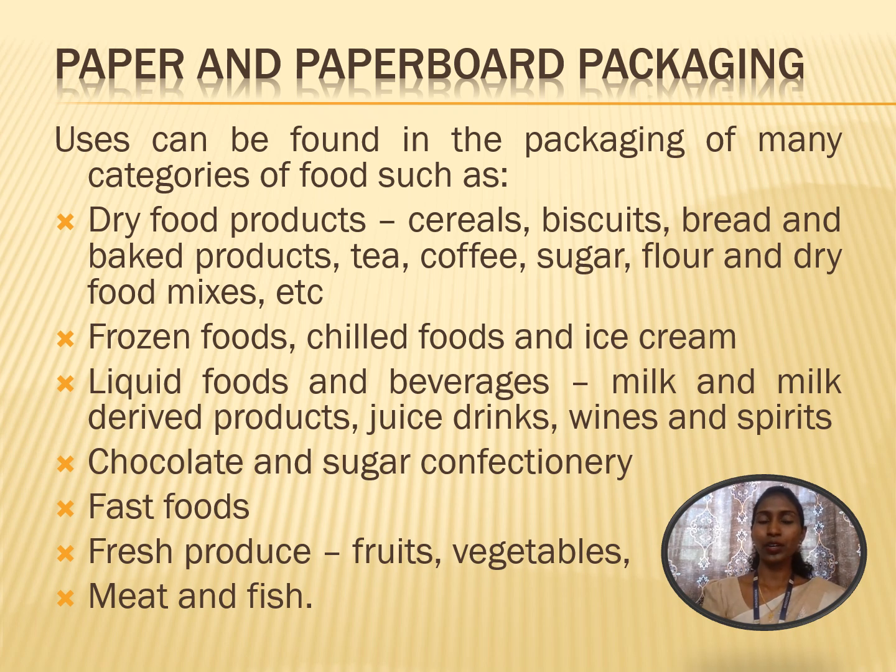So as we could see in this presentation, paper and paperboard materials find a huge application in food packaging and the packing of any category of food products, say for example dried food products, frozen ones, liquid food products and beverages, chocolates and sugar confectionaries, fast foods and fresh produce as well.